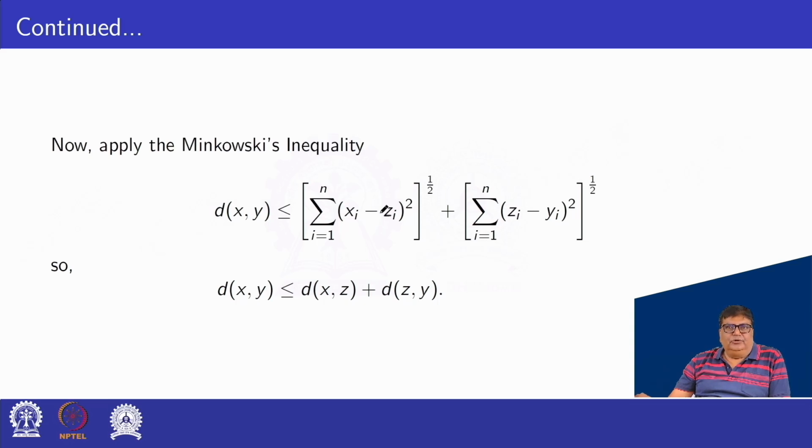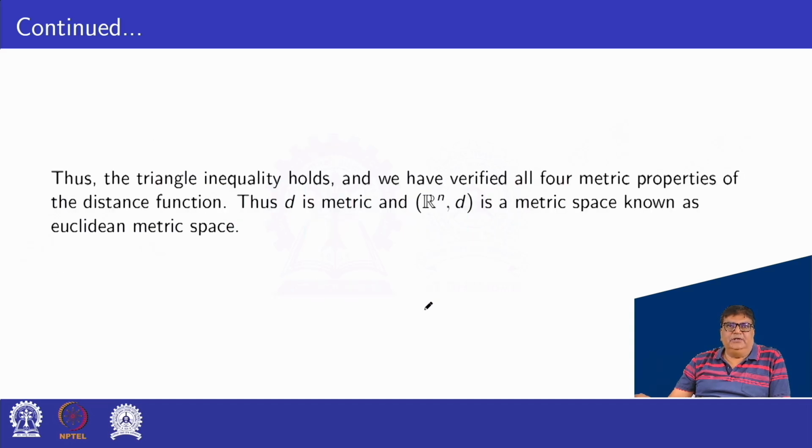As per the definition of d, this expression can be written as d(x,z) plus d(z,y). Hence the fourth condition is also satisfied. So we can say that R^n with d is a metric space. It is also known as Euclidean metric space.